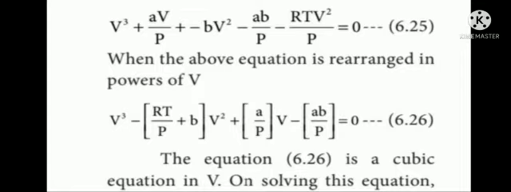Therefore, we will get minus (RT/P + b) into V². The remaining V term and constant term are in one place. Finally, we will get V³ - (RT/P + b)V² + (a/P)V - ab/P = 0. Hence, equation 6.26 is a cubic equation in V.